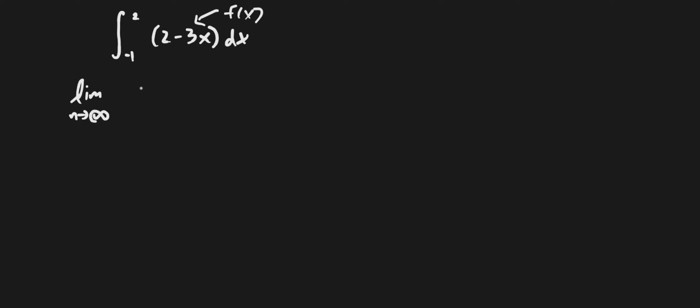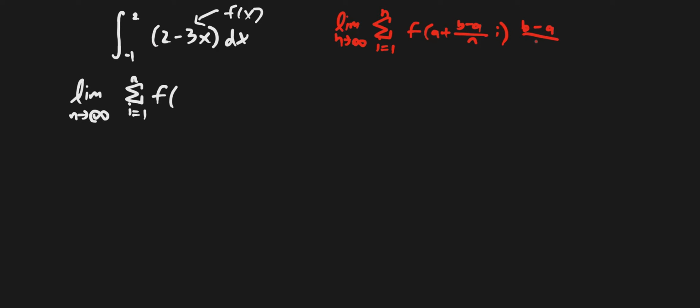What we need to do is take the summation from the first rectangle to the last one, of f of a plus... So if you remember, this was basically the limit as n approaches infinity of the summation as i equals 1 to n of f of a plus (b minus a) over n times i, times delta x, or (b minus a) over n. And this is what we had.